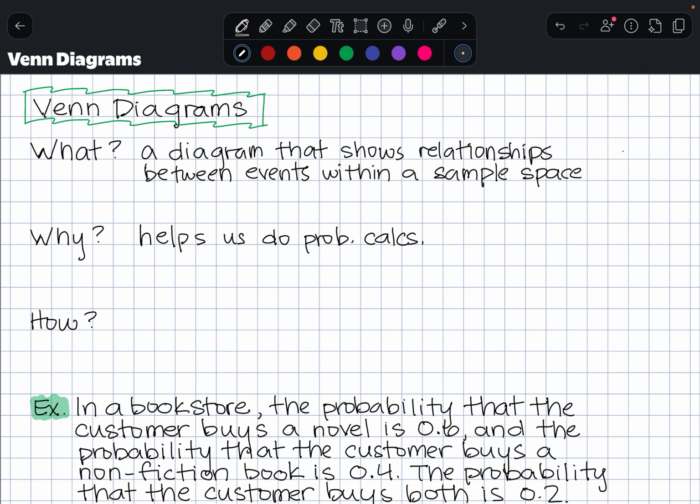So the how, we draw a box representing the sample space. And remember, the sample space is all possible outcomes. And then circles to represent each event.